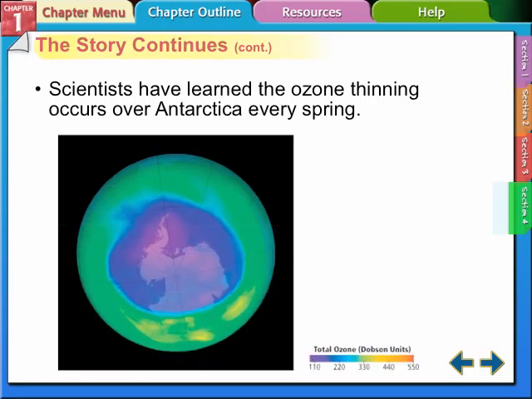Think about that when you're having a discussion with someone at the table, perhaps about global warming, and the fruitlessness or the situations with CO2, carbon dioxide, and other global warming gases, and how we might combat that. Okay, what ends up happening is we have now learned that every spring over the Antarctic, there is a thinning of the ozone layer.